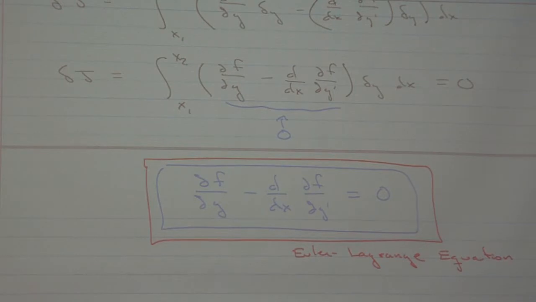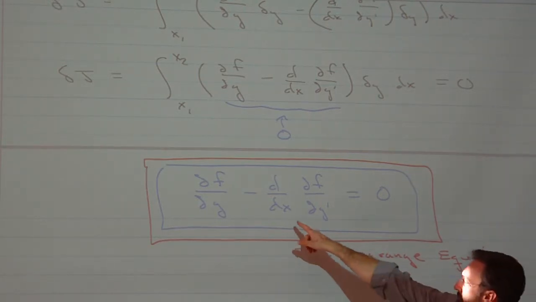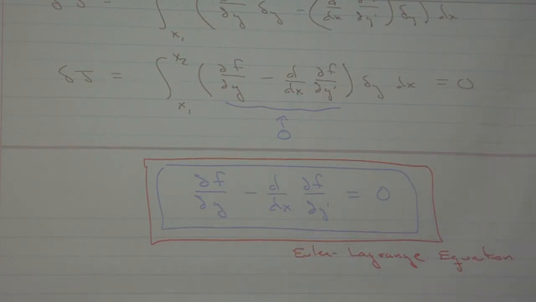Okay? So there were first derivatives in f, in the y primes. When I take another d by dx here, I get second derivatives of y. Okay.